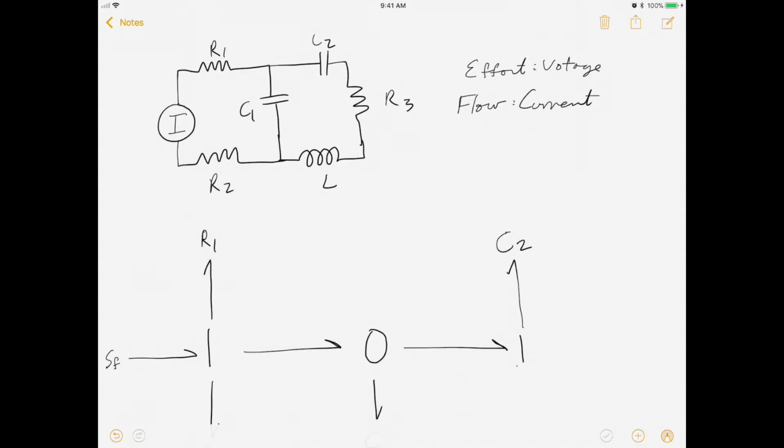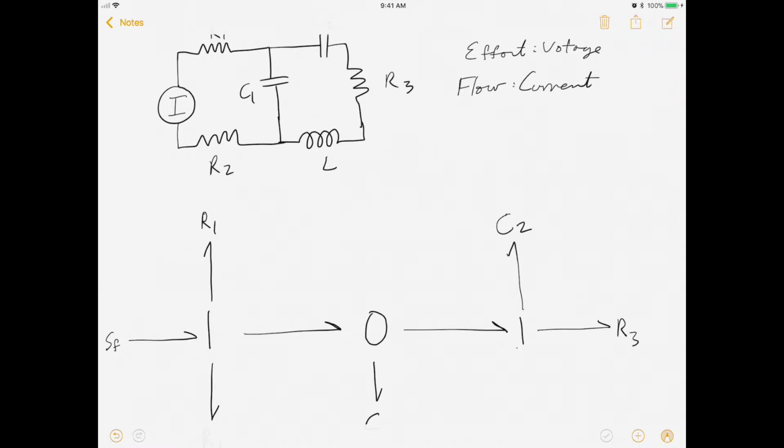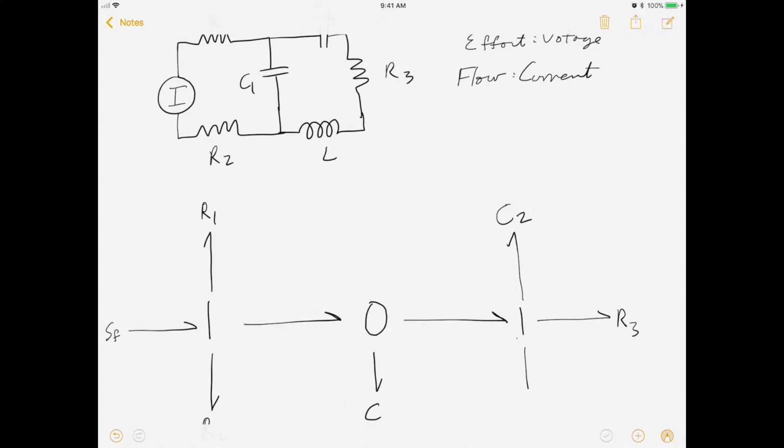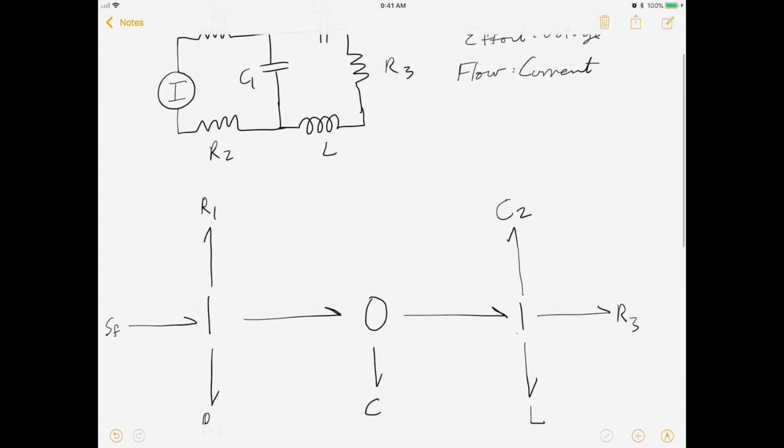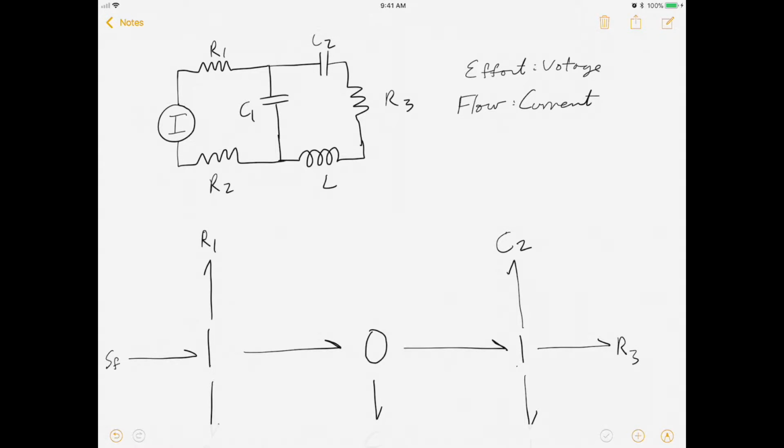The resistor, well, it's storing energy, but it's also dissipating heat, which is energy. Let's look at this resistor, R3, which is actually just purely dissipating energy. And we're also going to look at this inductor right here, which is going to be dissipating energy as well. These components are going to be dissipating energy. So this is our bond graph that we came up with for this system.